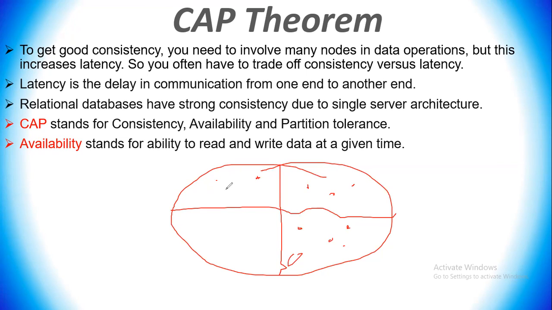The number of nodes is not known, but each of these dots is a server which can store data. So I assume the replication factor equals 4. Then that means if I say one particular data is in this server, the other copy of the same data is in this server.